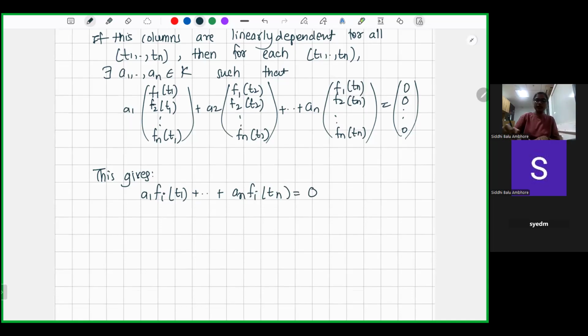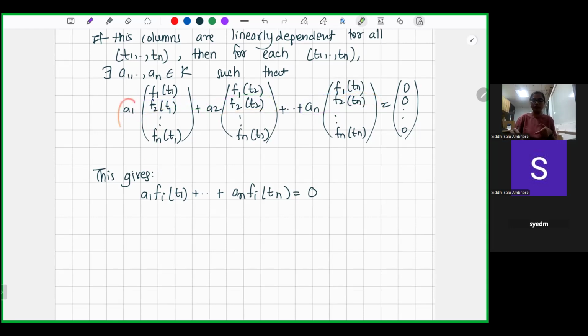What I'm doing is looking at the first row: it gives A1 F1 T1 plus A2 F1 T2 plus An F1 Tn equal to 0. The second row will be A1 F2 T1 plus A2 F2 T2 plus An F2 Tn equal to 0.